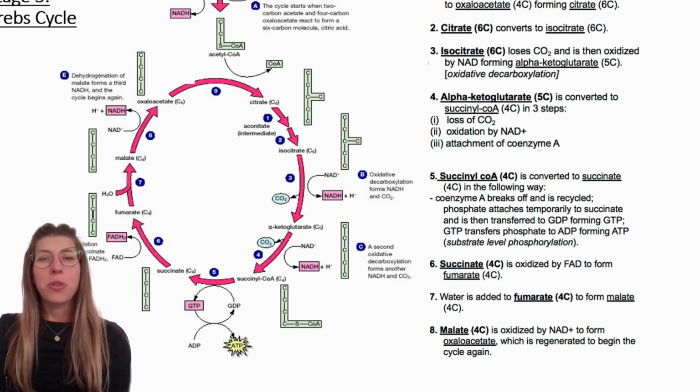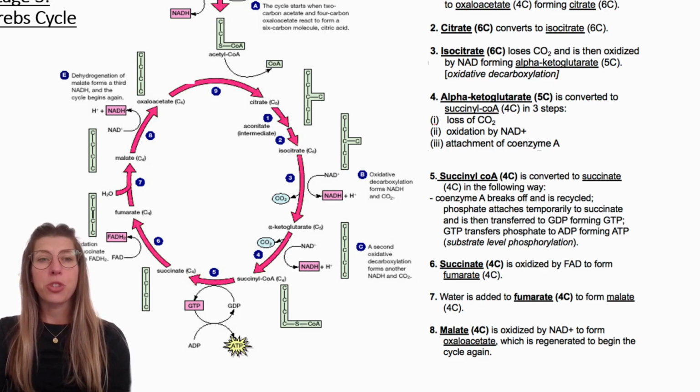And this acetyl group, the 2C compound, joins to an oxaloacetate, which is a 4C compound. And together, this creates citrate, which is a 6C compound. So there you can see the 6C compound eventually formed at the end of step 1, that citrate.